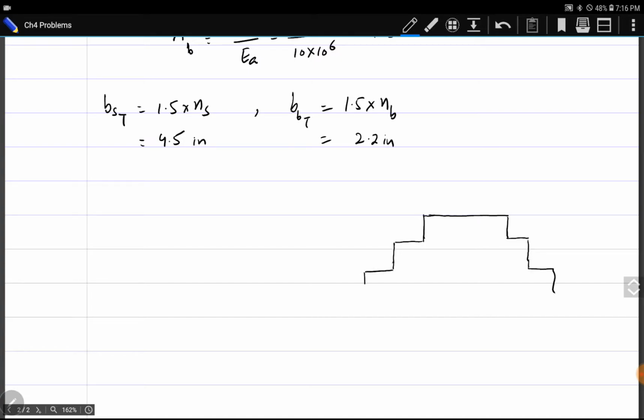It is 4.5. After steel again we have brass, it will be 2.25. After brass we have aluminum at the bottom, it is 1.5. So this width is 1.5 inches.